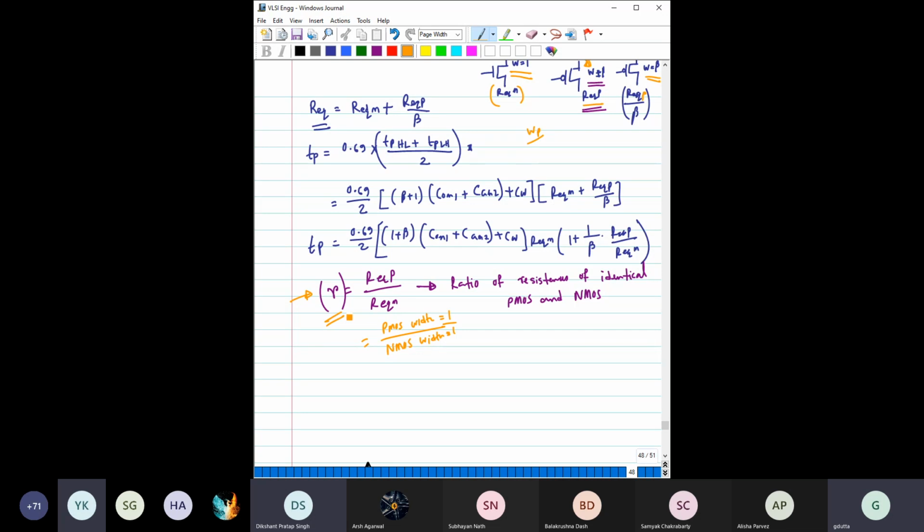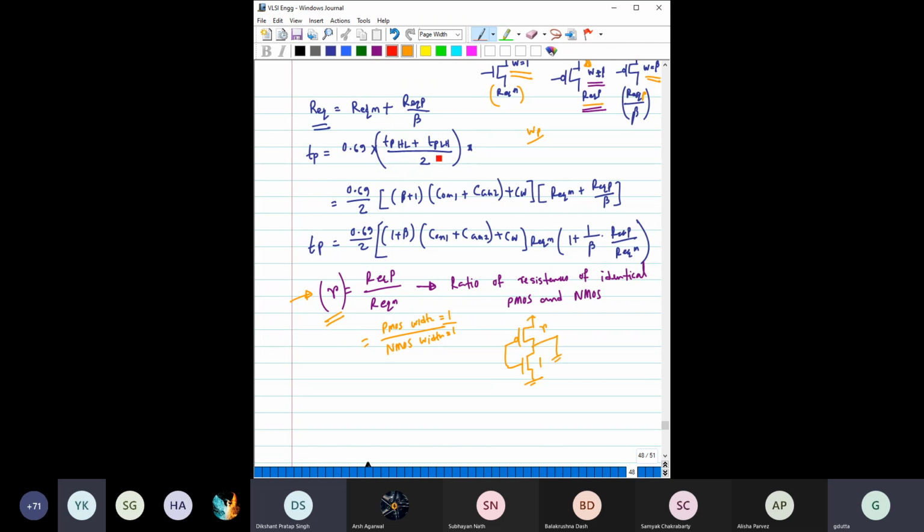Again, okay. See, what is R? Please tell me, Alicia, what is R? It is the equivalent resistance of a PMOS having width equal to 1, and for an NMOS whose width is equal to 1. Right. Now I am just saying that you make the PMOS R times that of this NMOS.